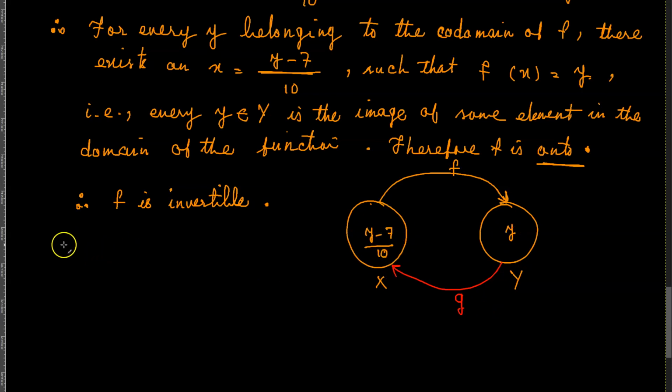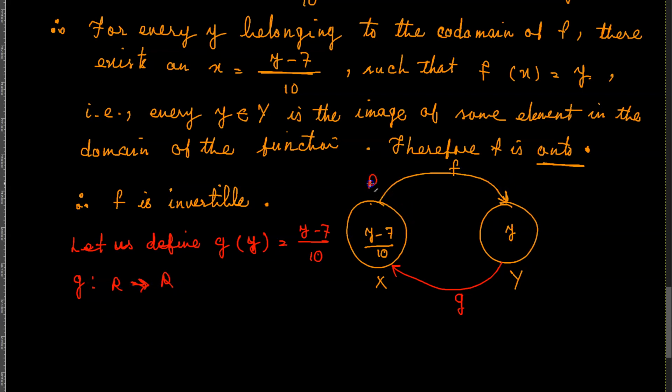That means that I can say let us define, for example, g of y as (y minus 7) divided by 10. And of course g is a function from R to R, because f was a function from R to R. So this was R and this was R, so then g becomes a function from R to R, right?